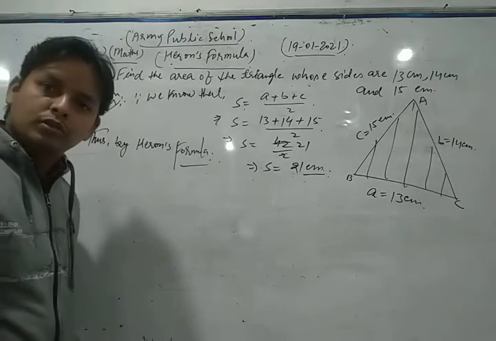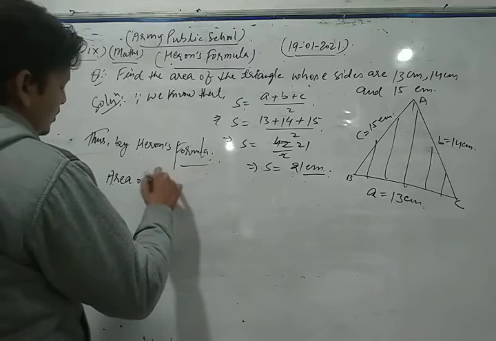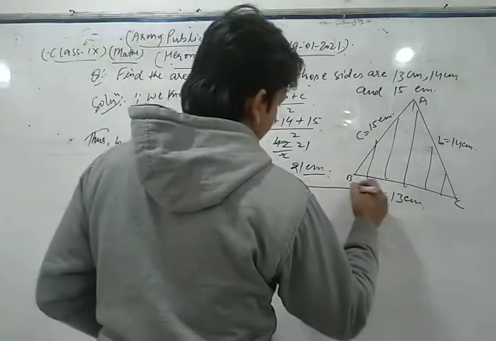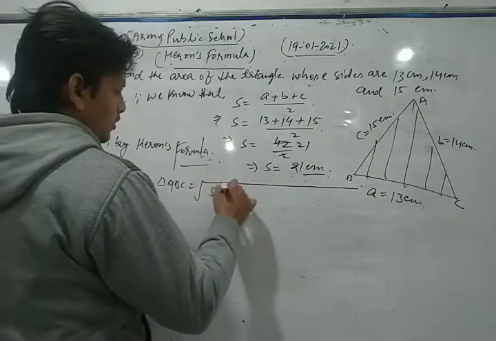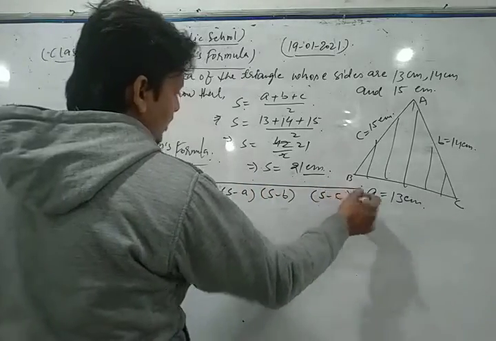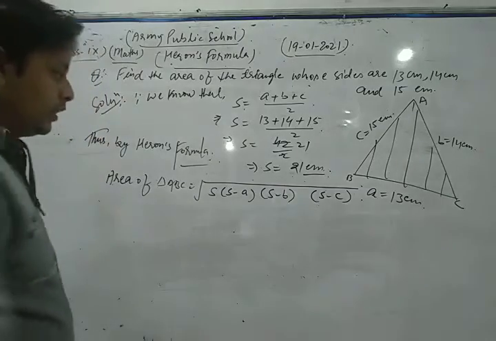By Heron's formula, the area of triangle ABC is the square root of S into S minus A, S minus B and S minus C respectively. Okay, now let's see.